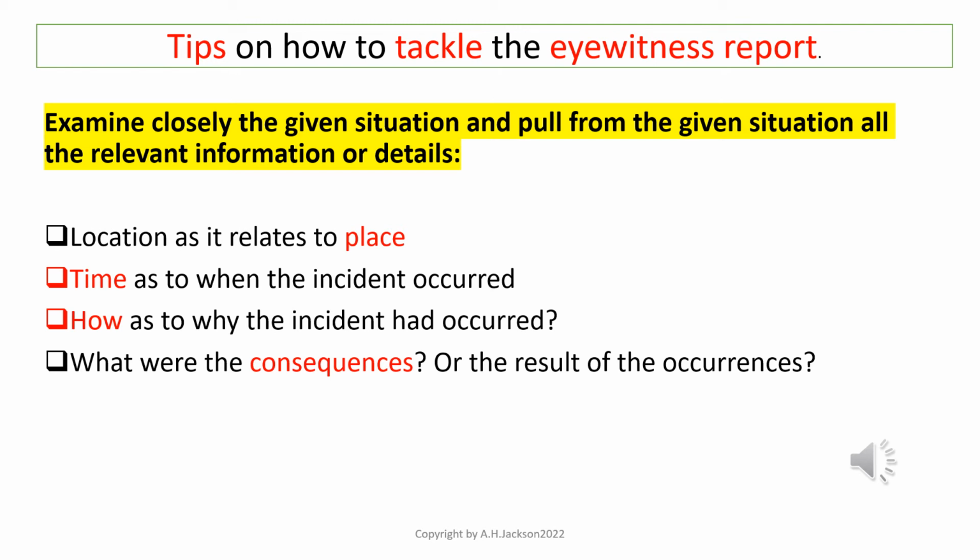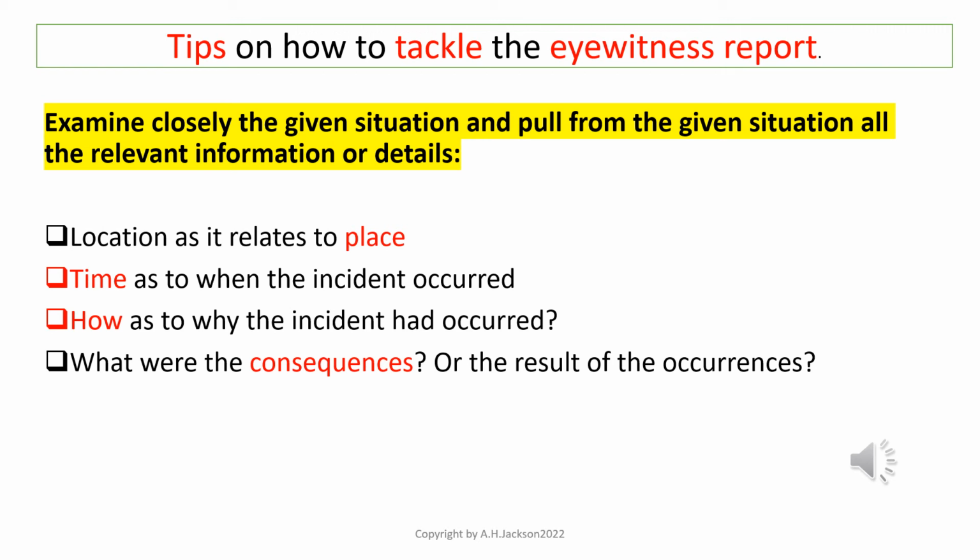That is important. Time: when the incident occurred, whether it is a specific time or an approximated time, that needs to be specified in the report. How and why the incident occurred, what the details were, what caused the incident or the accident.